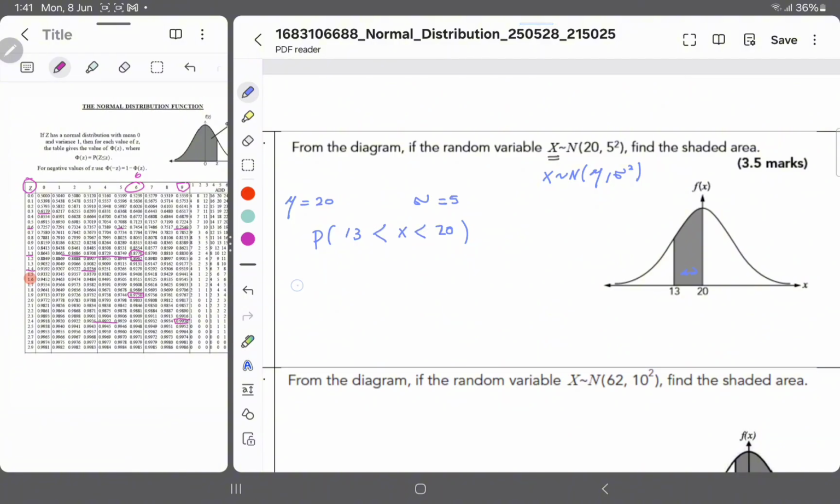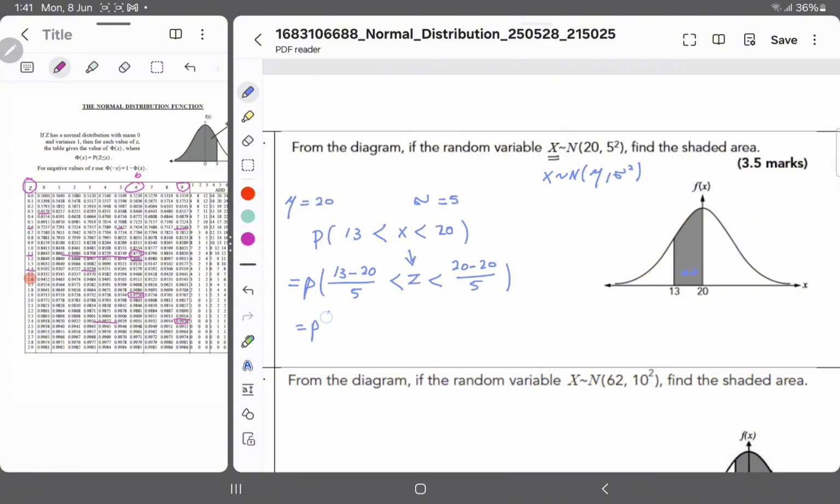To change x to z, we use a formula: 13 minus mu, which is 20, divided by sigma 5, and here x, which is 20 minus 20, divided by 5.